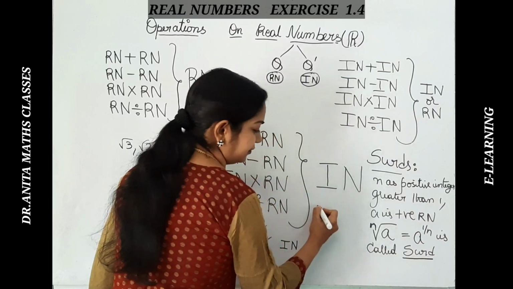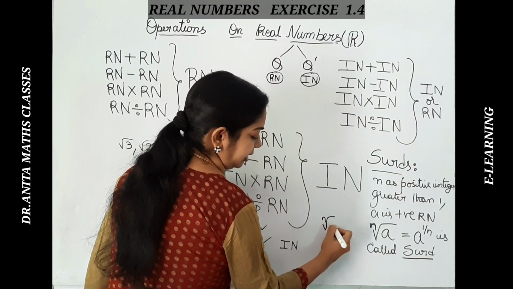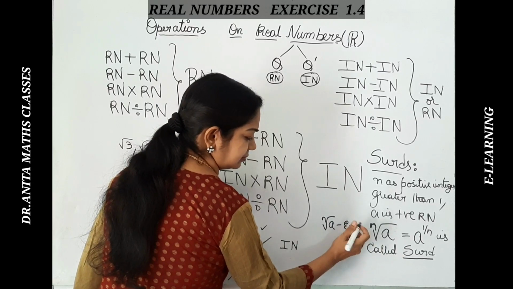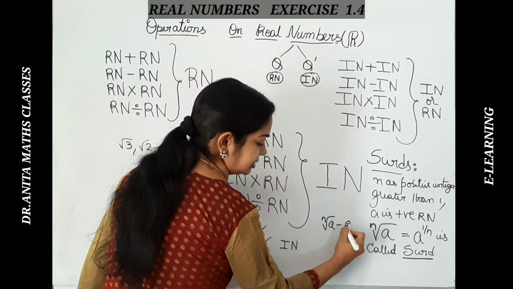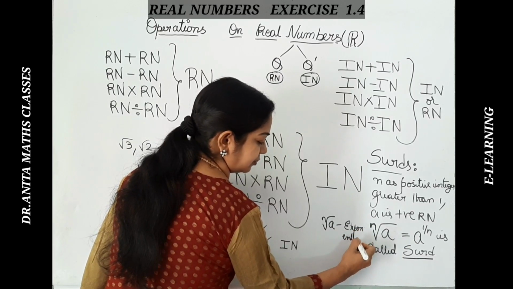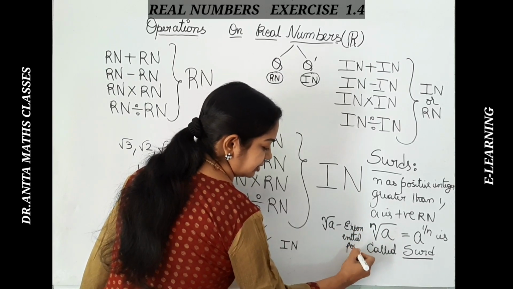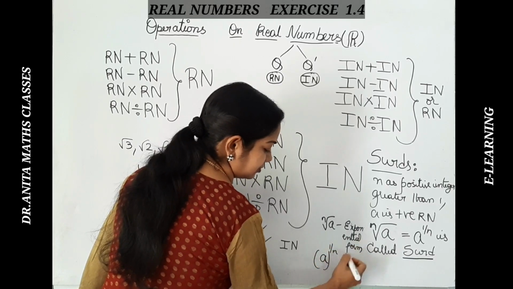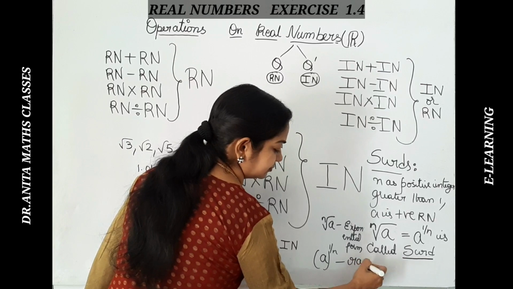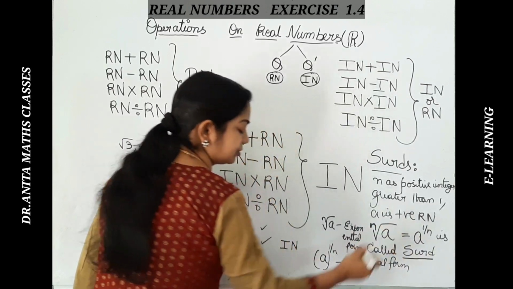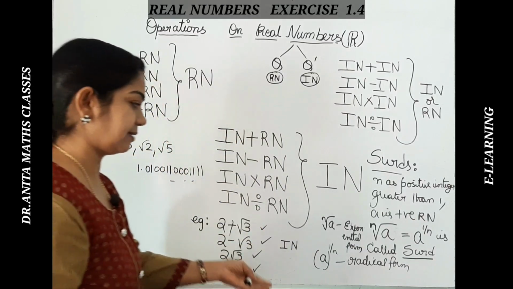The nth root of a is the radical form, whereas a raised to the power of 1 by n is called the exponential form. And a is also called a radicand in some cases.